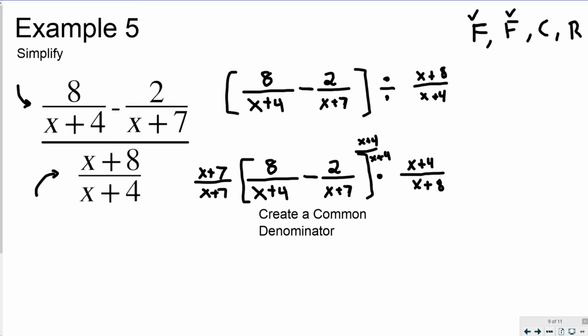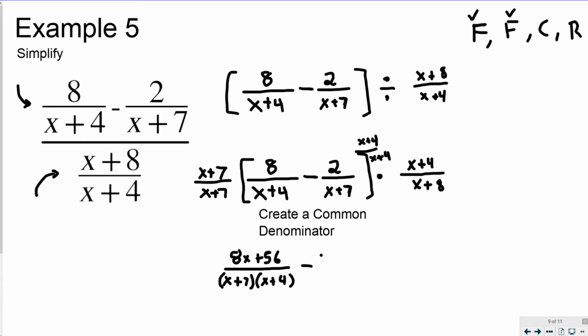So what we're going to get on the top of the next line would be 8x plus 56. And then the bottom, when I come to these kinds of expressions where I have x plus 7 and x plus 4 multiplied by each other, I'm just going to write them as being multiplied by each other rather than trying to FOIL them out. That takes too much time because then you're going to have to go back and factor what you just FOILed. So we're not going to duplicate our efforts here.